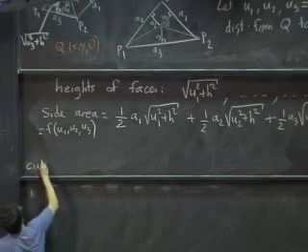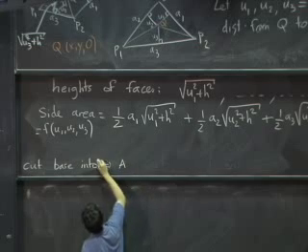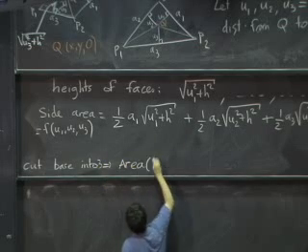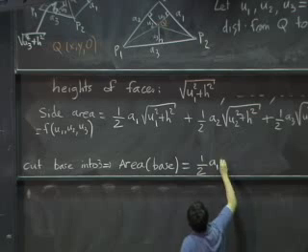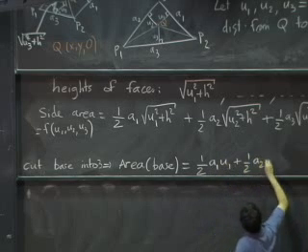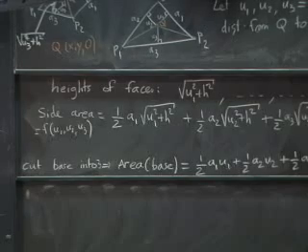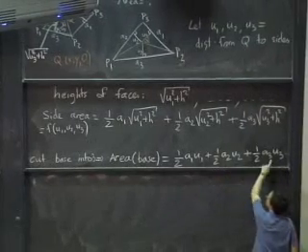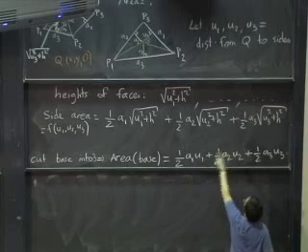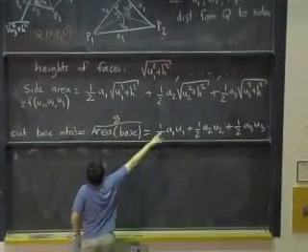So cutting the base into 3 tells you that the area of the base is 1/2 of A1 U1 plus 1/2 of A2 U2 plus 1/2 of A3 U3. And that's our constraint. So my 3 variables, U1, U2, U3, are constrained in this way. The sum of these 3 terms must be the area of the base. That's my G, and the side area that I want to minimize is my F.